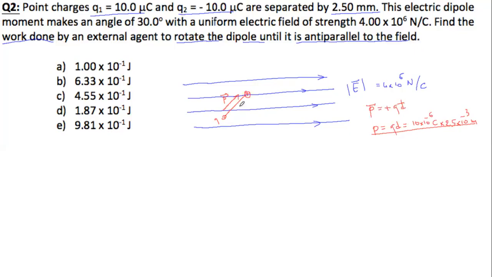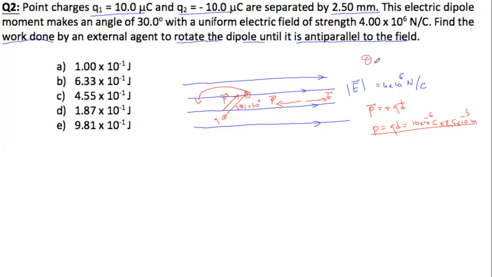Now it makes an initial angle, theta initial, of 30 degrees. Now I want to make it anti-parallel to the field, meaning I want to rotate it in this direction, such that the electric dipole moment P is anti-parallel to the electric field E, which is in this direction.